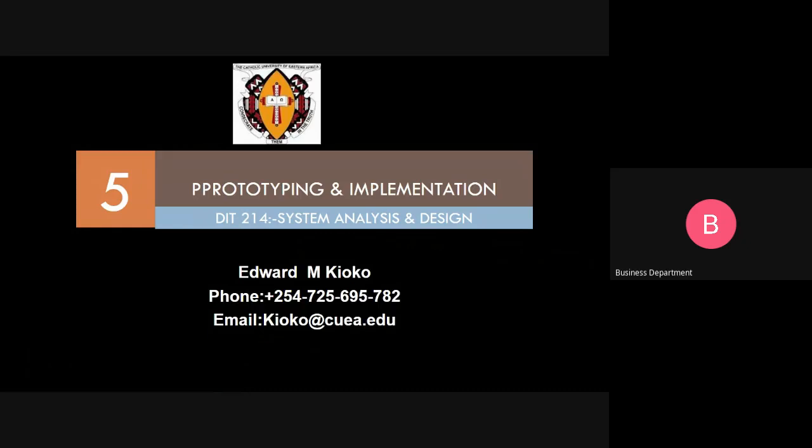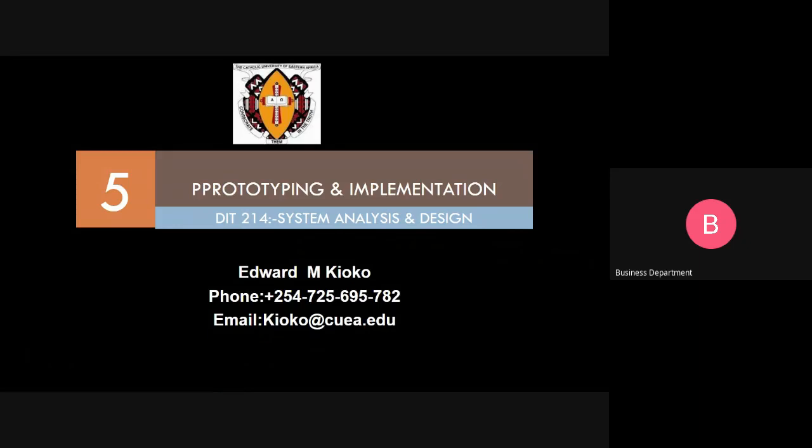We have been able to see how you get the requirements from the user. We have been able to see how you do the analysis of the current system using techniques like flowcharts and data flow diagrams, among other techniques. And we have also seen how you can design your system.